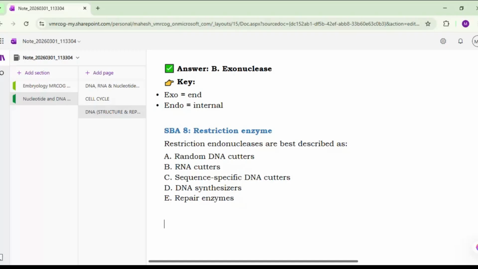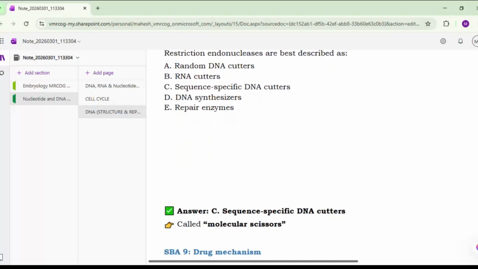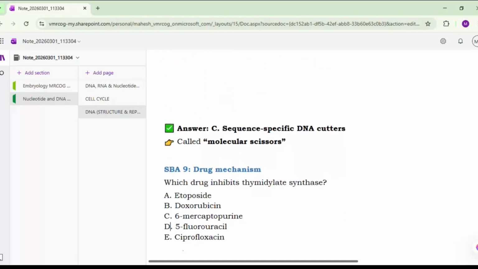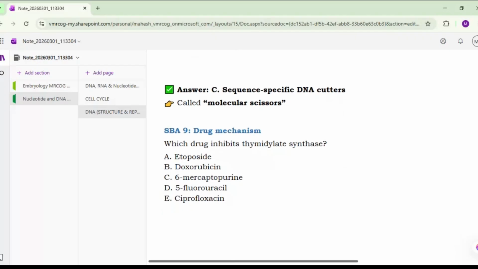They don't cut randomly. They are sequence-specific DNA cutters, option C. That is very important. They are molecular scissors, and that has a role in biomedical engineering and genetic engineering.